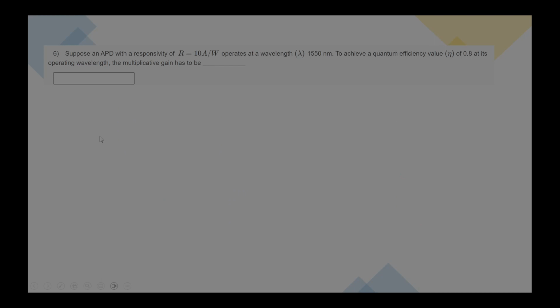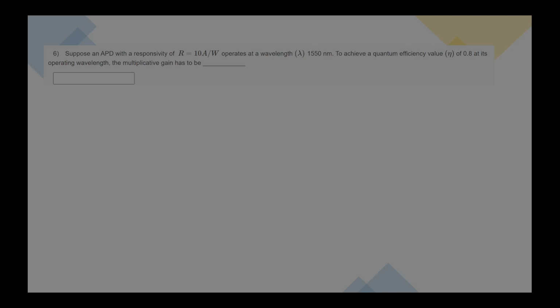Then question number 6 is saying that suppose an APD with a responsivity of R equal to 10 ampere per watt operates at a wavelength lambda equal to 1550 nanometer.